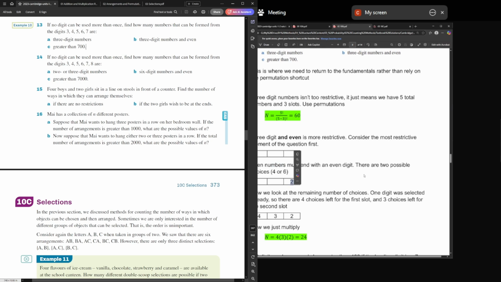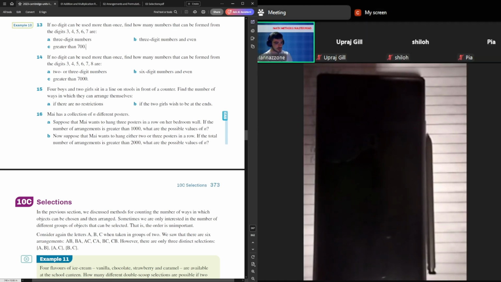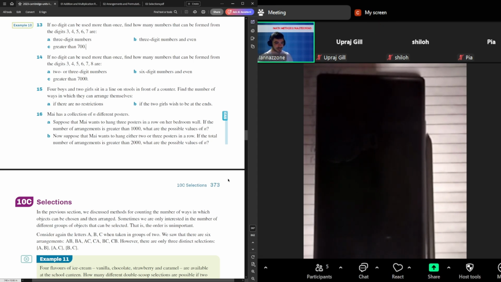So either 4 or 6, which gives you two choices in that position. And from there, you just backfill. You've made one of the choices here, that means there's 4 left for the first digit, 3 left for the second digit, and you just multiply all the way across. That would be the other way of doing that. But nice job. That's where it gets a bit tougher for sure.